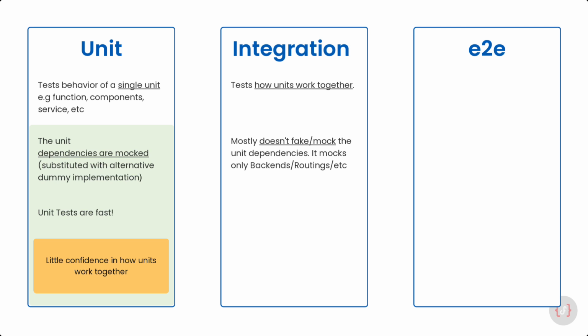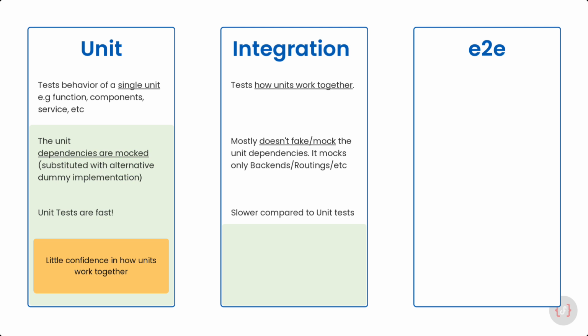Integration tests are a little bit slower and harder to write, so we usually write fewer of them, but they are very important because they cover what unit tests are missing, namely how multiple units work together.